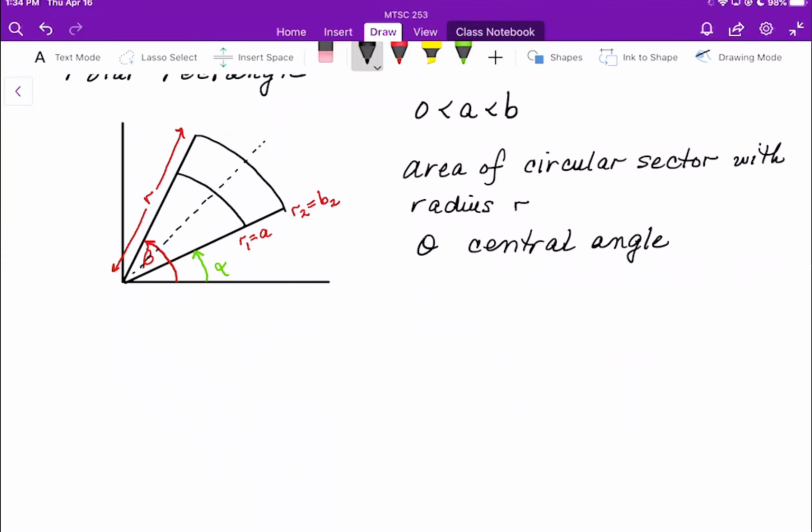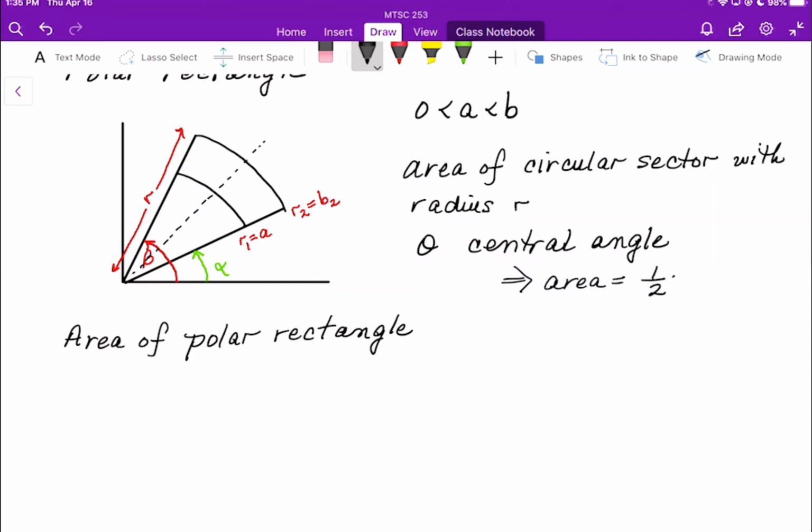All right, so the area of the polar rectangle is going to be the area of the big piece minus the area of the little piece. So if I have a theta as a central angle, that would imply that the area would equal 1/2 r squared times theta.